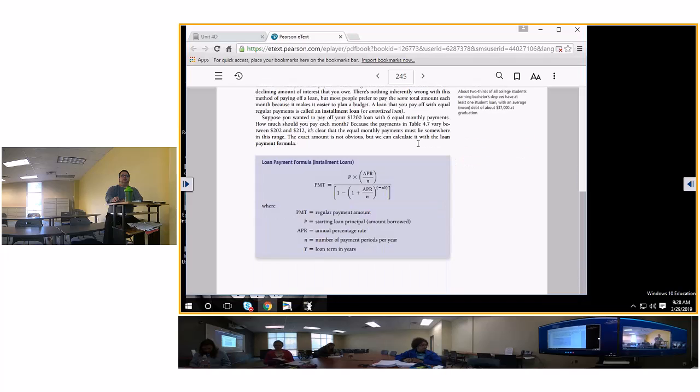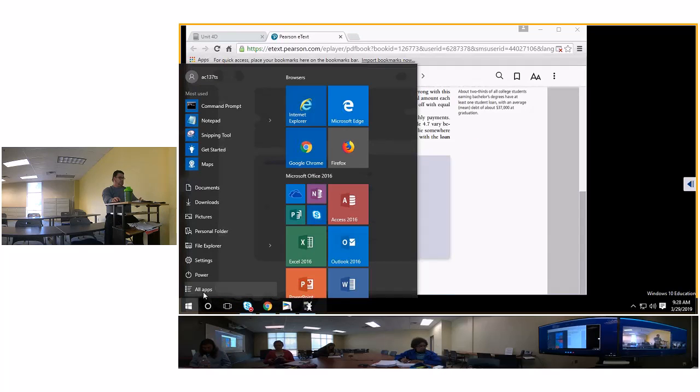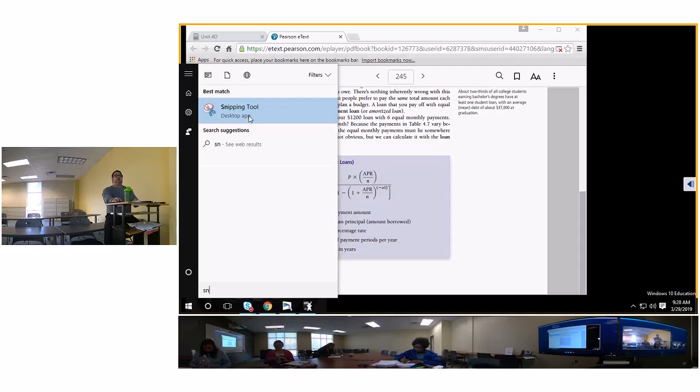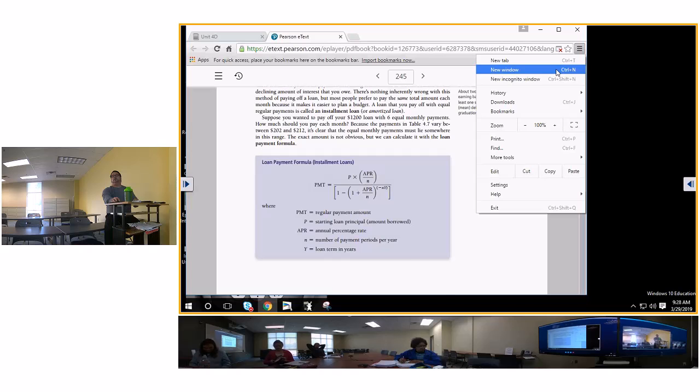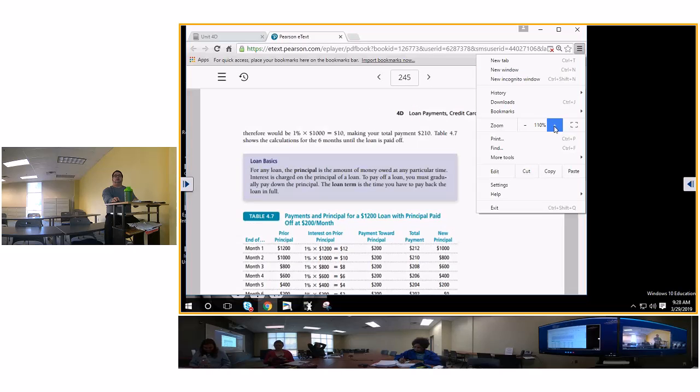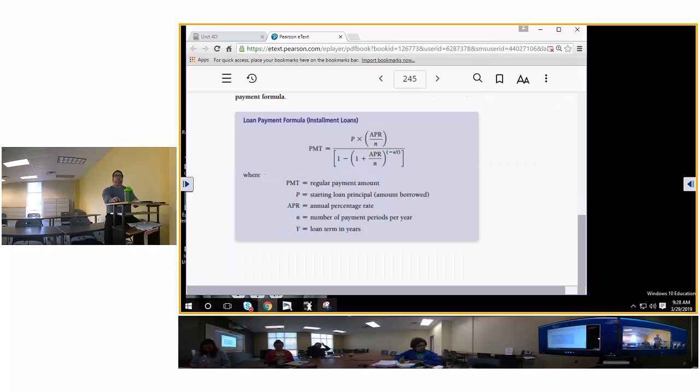Amortization, there we go. So, snippet. I'm going to blow it up a little bit.